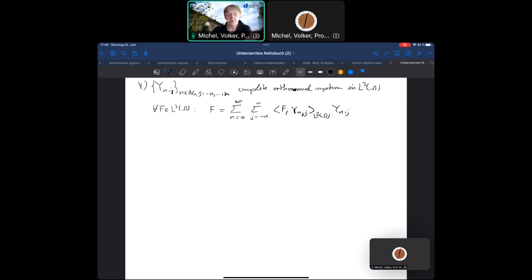Look into R^2. The unit sphere in R^2 is the unit circle, and functions on the unit circle are nothing else than functions which are 2π periodic. Because if you go once around, you can parameterize the circle with the angle, and you have to end where you started. So you need 2π periodic functions, and they can be expanded into the classical Fourier series.